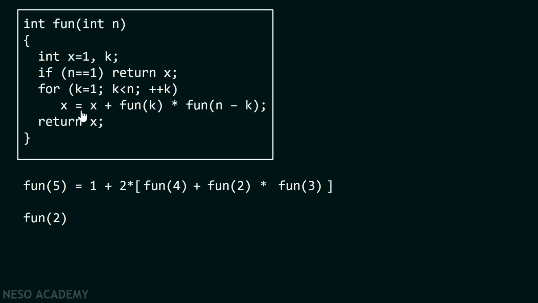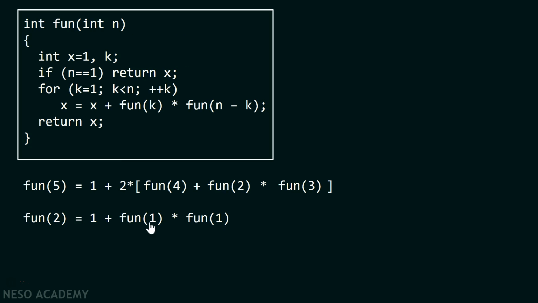This x will be equal to 1 plus fun1 into fun1 because n is equal to 2 and 2 minus 1 is 1. So we can write fun2 as 1 plus fun1 into fun1, and this loop runs only one time. Therefore, this is going to be the output for this function.